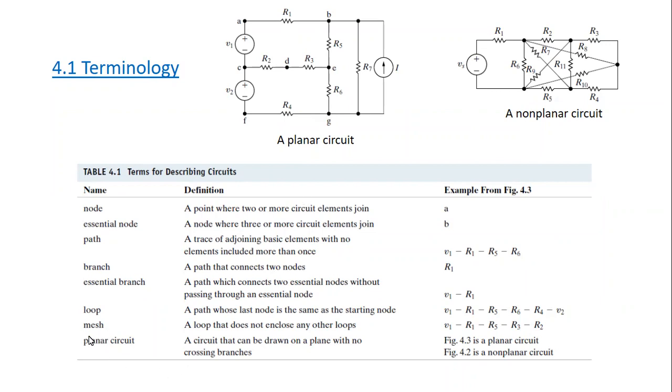While a mesh, which is the most important term in today's lecture, is a loop that doesn't enclose any other loops inside it. If I go around this loop, I see that inside this loop there are no loops. But if I go with this loop, G, F, C, A, B, and back to G, I see that inside this loop I have another two loops, so this will not be a mesh.